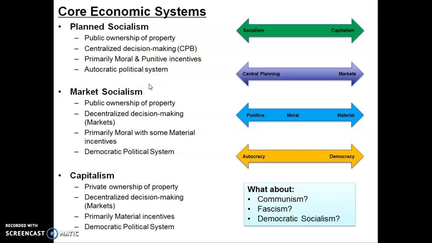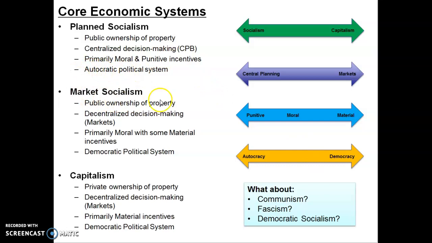Market socialism, in contrast, has public ownership of property, so socialism, right, in property rights, but has decentralized decision-making, right? Has more market forces in its decisions. It's more moral and material incentives, and the system politically tends to be more democratic. Okay?